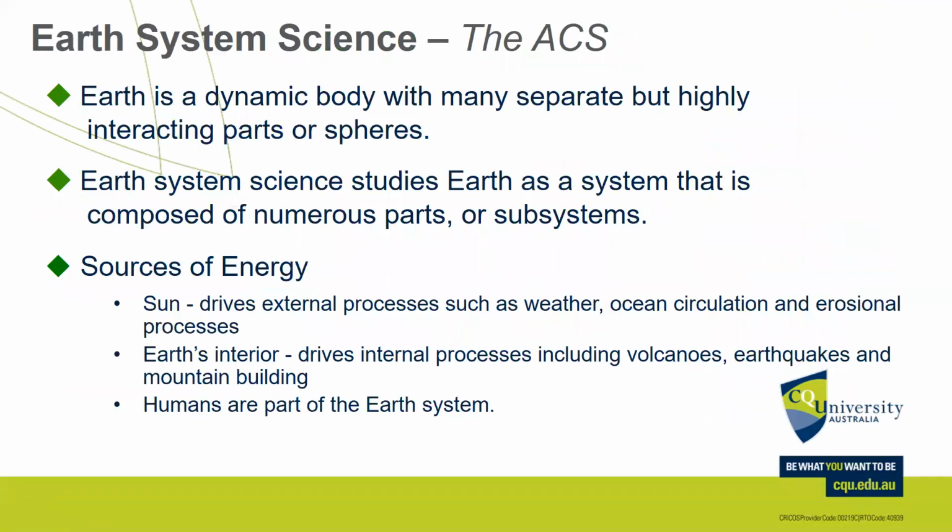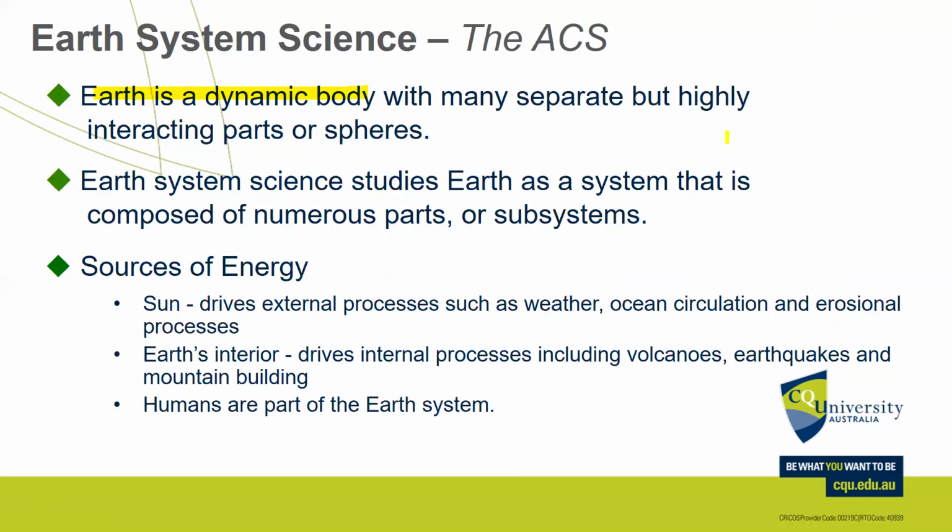When we look at the earth sciences, we can talk about the Australian curriculum and the earth system science. The ACS tries to bring it to us as a dynamic body, and it's got many separate but interacting parts or spheres. And we know this. We look at the substrands. We've got the science understandings, we've got the science inquiry, and we've also got the science as human endeavour.